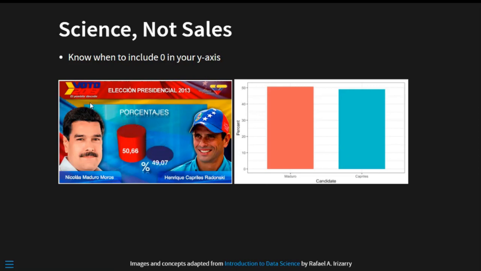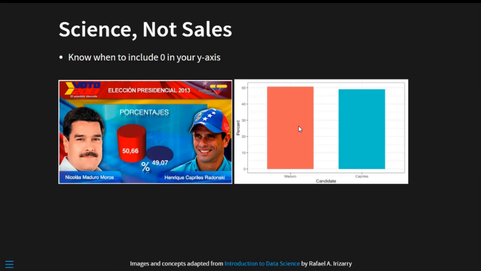This is basically selling that this was a much larger victory than it actually was in truth. Whereas if you showed a zero, we can see that was a pretty small margin of victory, approximately a 1.6% difference. That is exaggerated over here, and this shows the true difference.